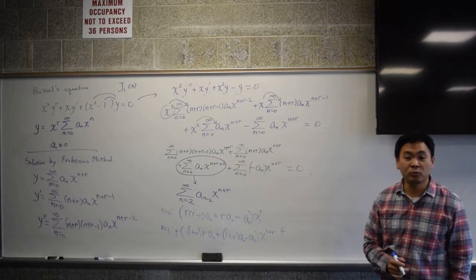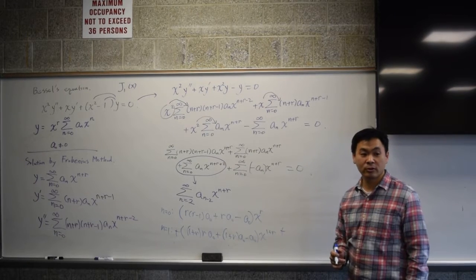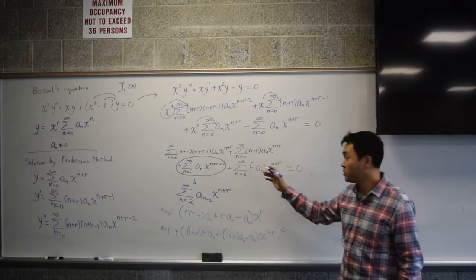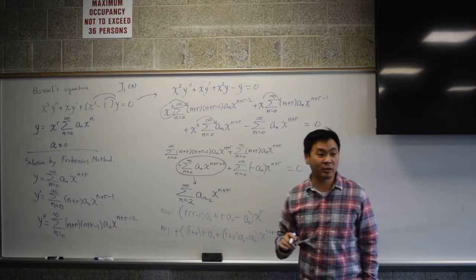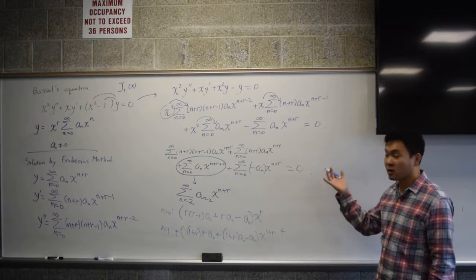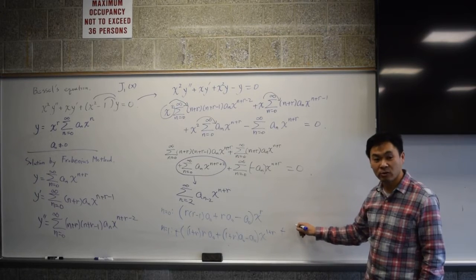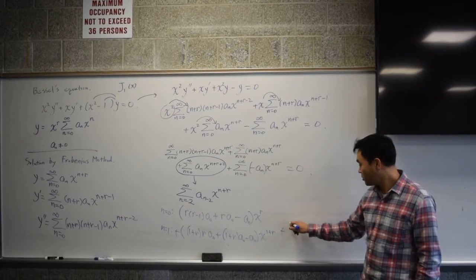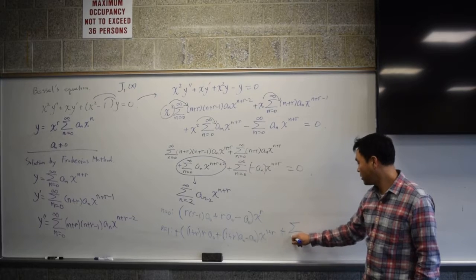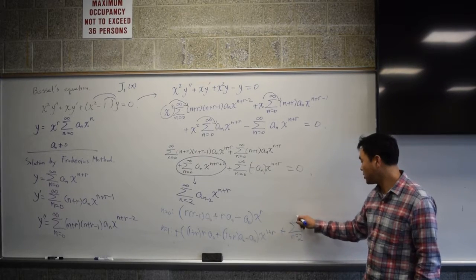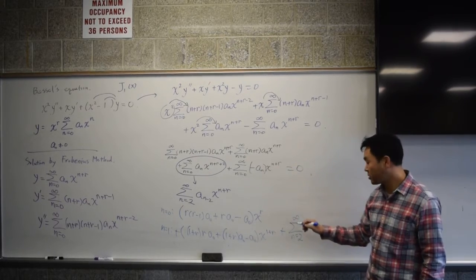So this plus this, plus, and then starting from 2 and afterwards, you see all of these sigmas starting to manufacture terms at the same time. So we put a single sigma, n from 2 to infinity, and we write everything down together, right?